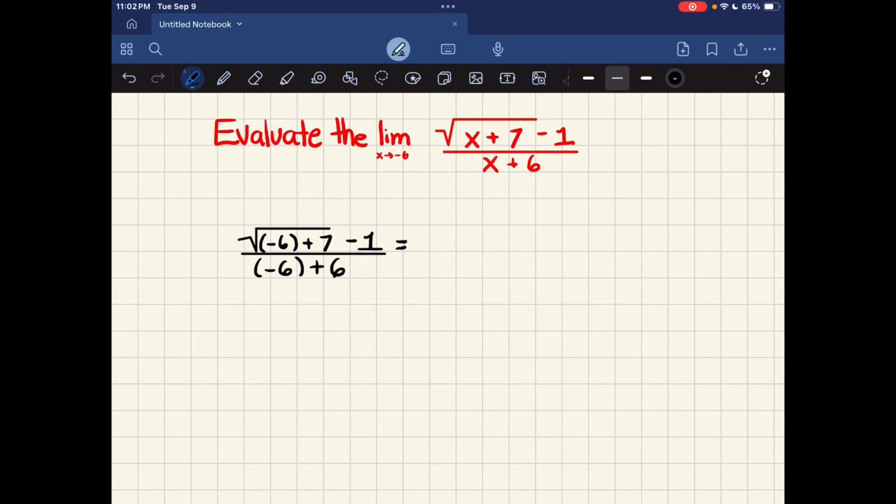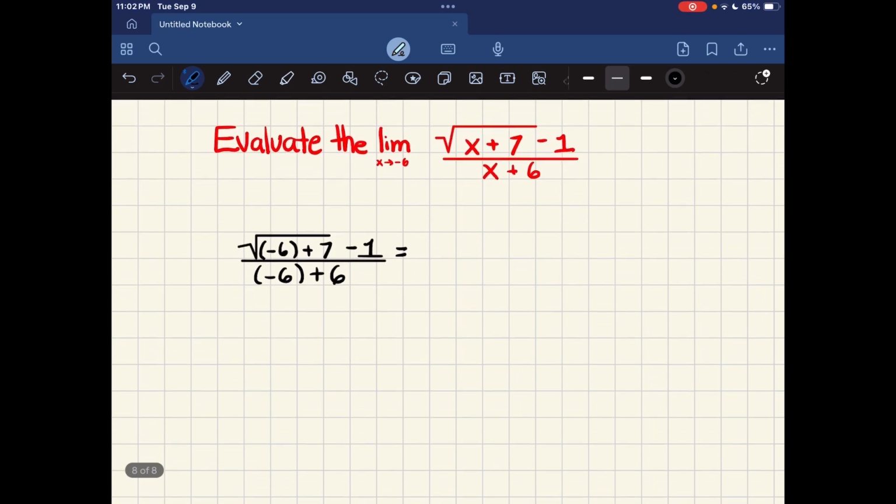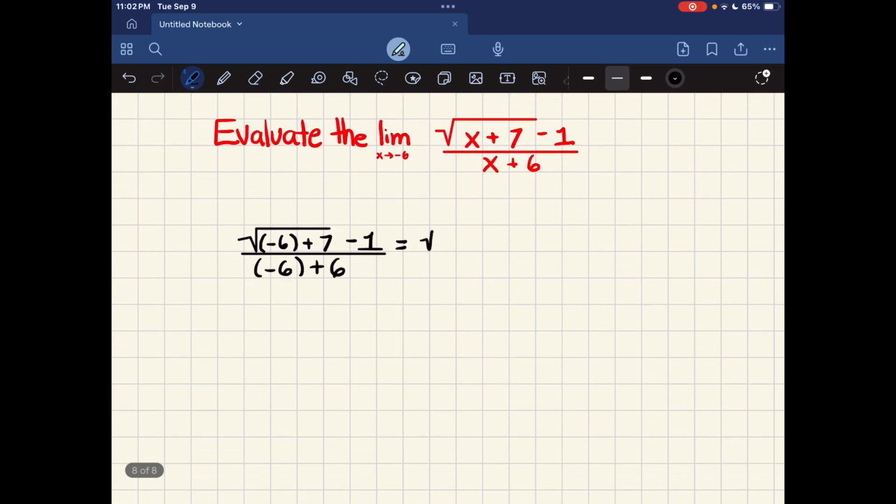So this is going to equate, so negative 6 plus 7 is going to be 1, under the square root. And then since negative 1 isn't within the square root, it's just negative 1. And then negative 6 plus 6 is 0.